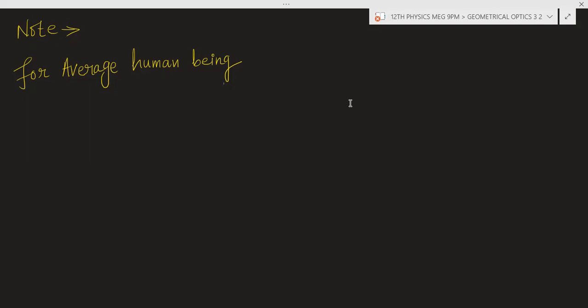That distance for a normal or average human being is 25 centimeter. And the maximum distance up to which a normal human being can see is infinity.